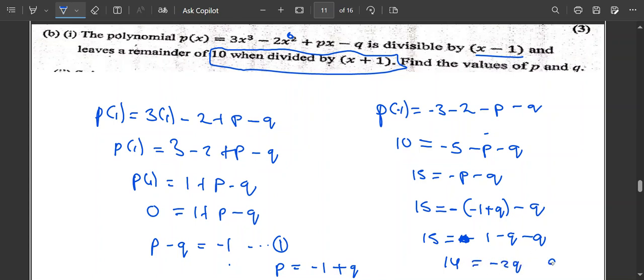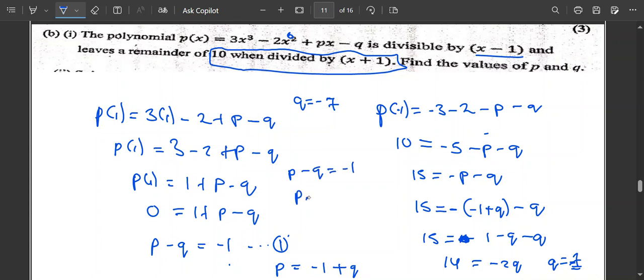Divide, and Q is equal to what? 7. In fact, negative 7. So our Q is negative 7. So we can get one expression, I like this one, which is already simplified, to find P also. So we have P from equation 1, P minus Q is equal to negative 1. So now our Q is what? Negative 7.